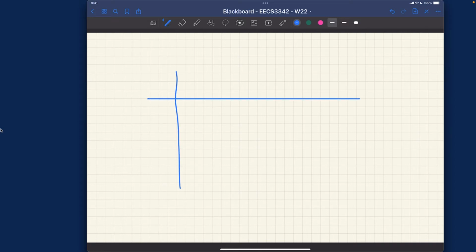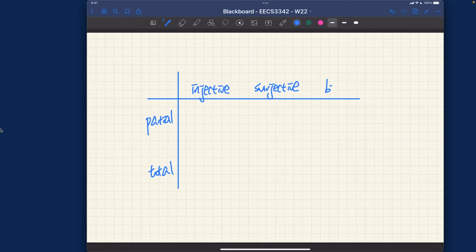One dimension is about either being partial or total. Another dimension is whether it's injective or surjective or bijective.